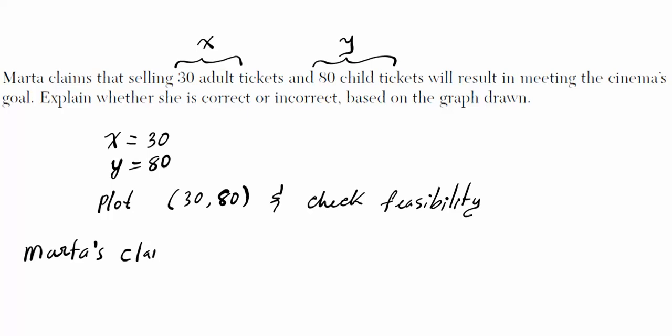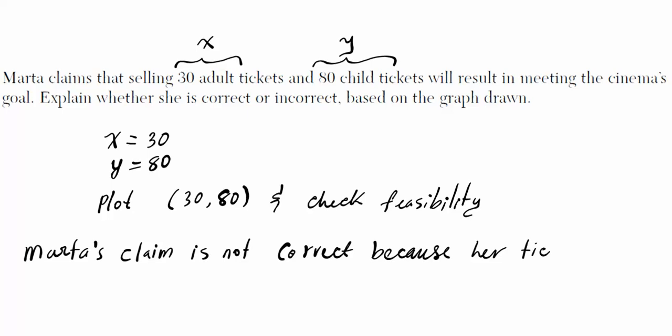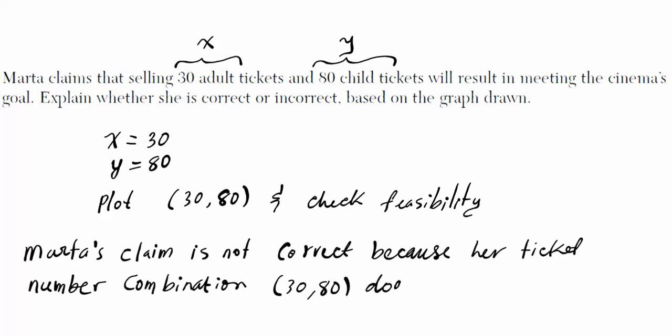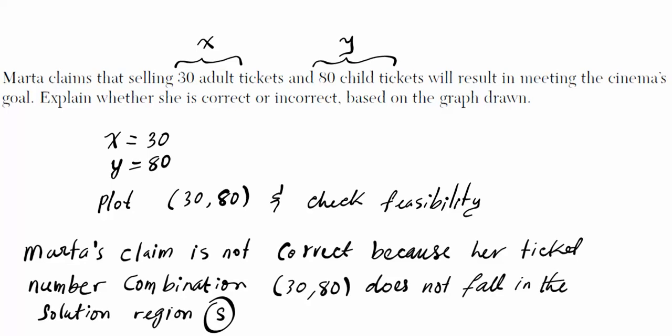So Marta's claim is not correct because her ticket number combination of 30, 80 does not fall in the solution region S. Okay, so let's take a look at it for a second.